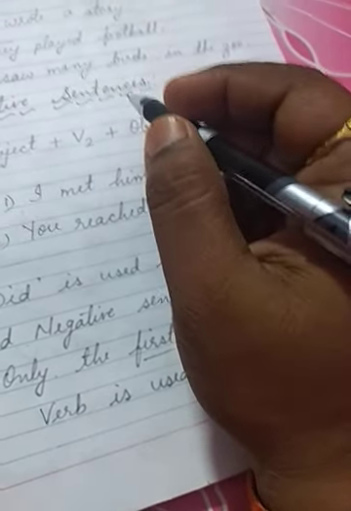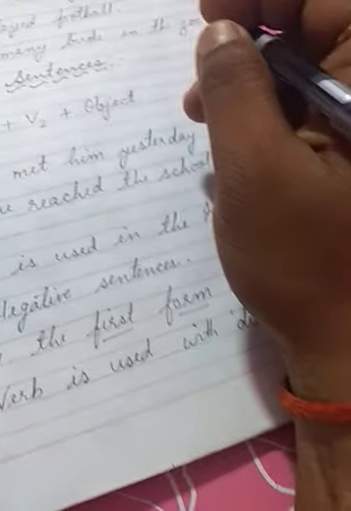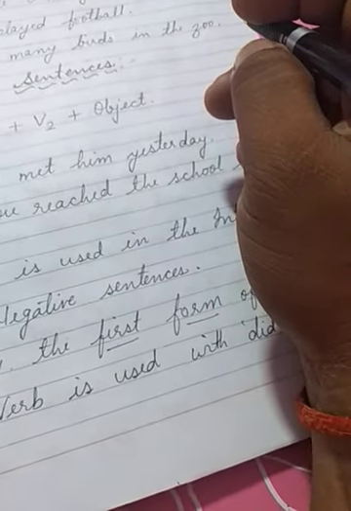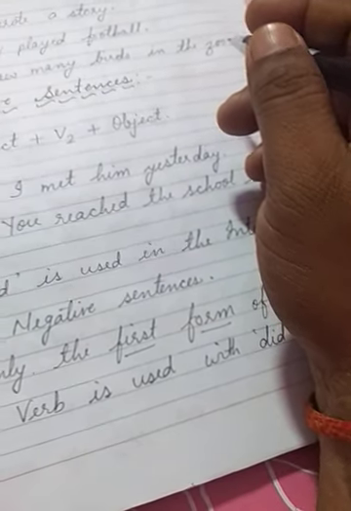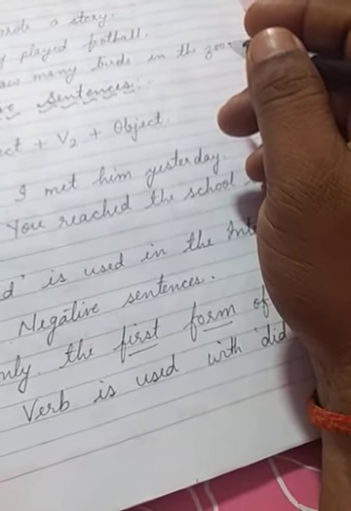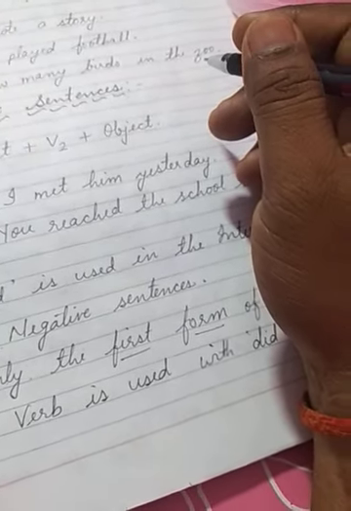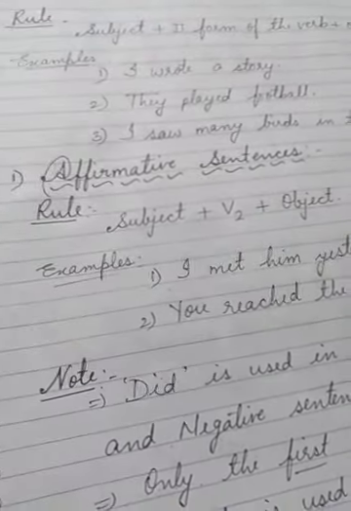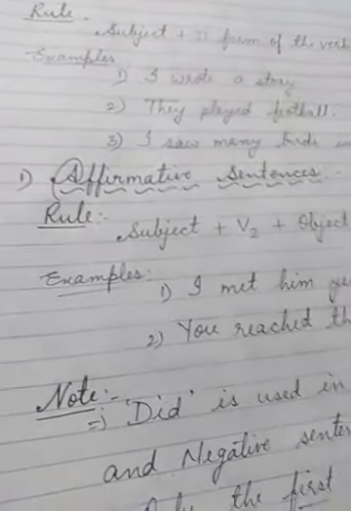Now, my dear students, please remember it. Regular verbs make their past tense by adding d or ed, or if the verb ends in a consonant plus y, changing the y to i and then adding ed.